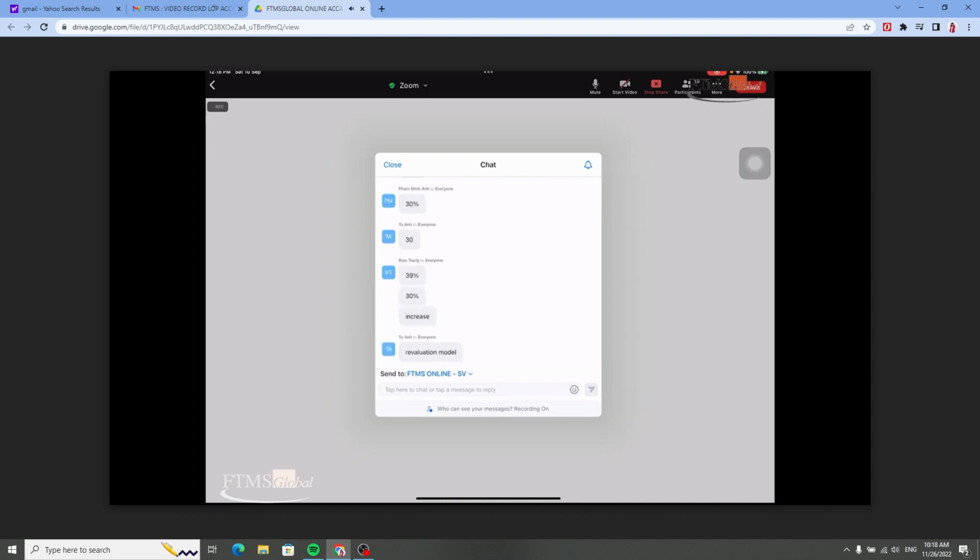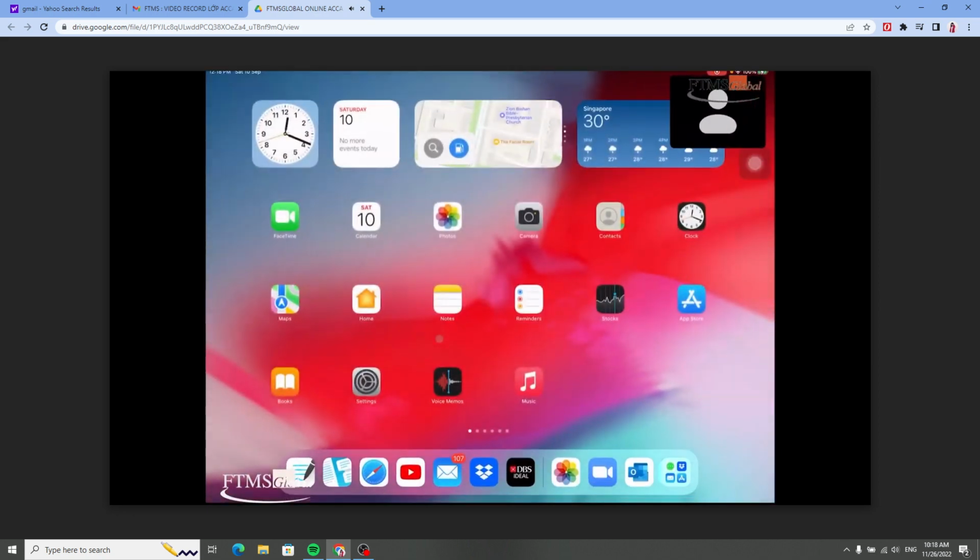No reply. Revaluation model, correct. Under normal situation, revaluation model will provide a higher depreciation. Okay, very good.